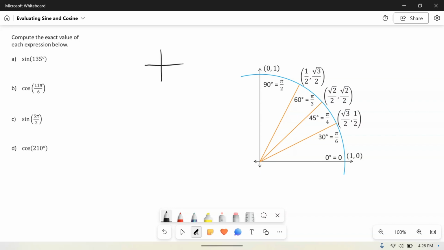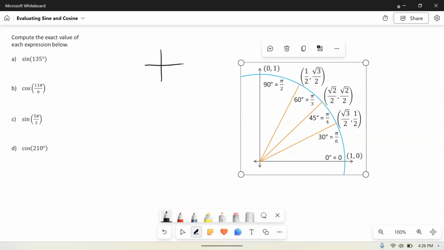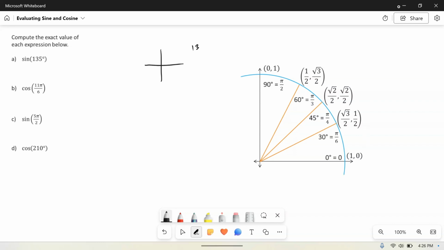Sine of 135 degrees. Okay, with 135, maybe this might help. 135 minus 90 is 45 degrees. So I know 135 degrees is 90 degrees plus another half of the quadrant. So it is a point on the unit circle that is basically at the 45-degree mark in the second quadrant.